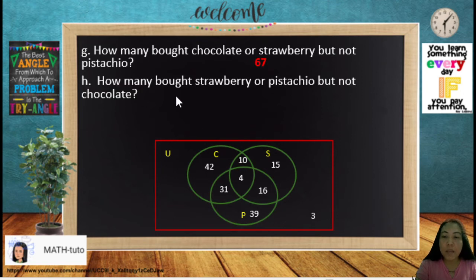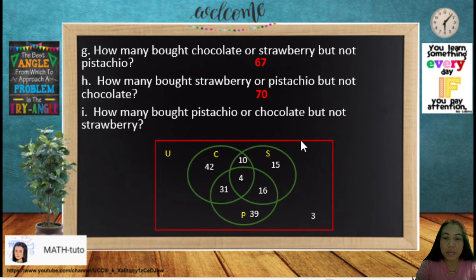Next, how many bought strawberry or pistachio but not chocolate? So that is either strawberry or pistachio only, or both strawberry and pistachio but not chocolate, excluding this part. That is 15 plus 16 plus 39, which is 70. Next, how many bought pistachio or chocolate but not strawberry?